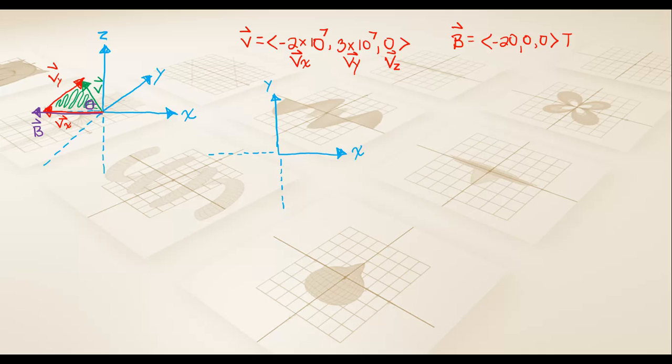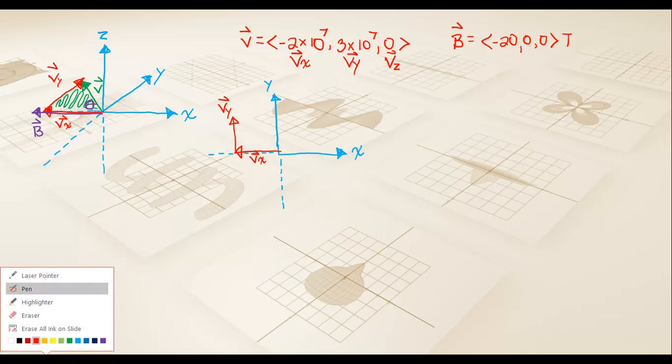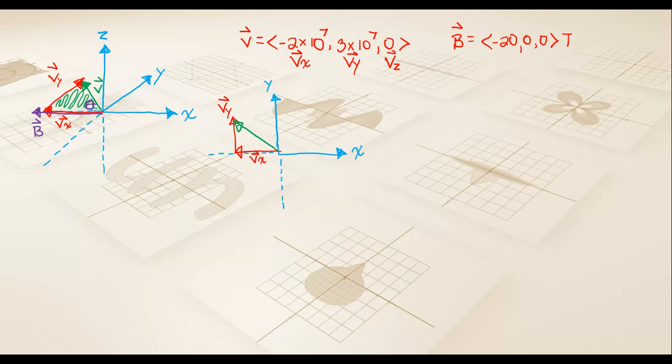To redraw my picture, for my velocity vector, I have an x component that goes towards the left, which we'll call vx. I have a y component that goes in the positive y direction, so vy. And then the actual velocity vector itself would just be from the origin to the tip of the vy vector.